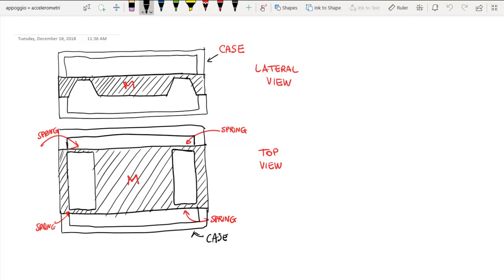This membrane basically can oscillate in this direction, vertically. The movement is like this. You have a vertical oscillation. And the possibility of movement is enabled by these very thin springs that we have, because otherwise the membrane would be rigid.